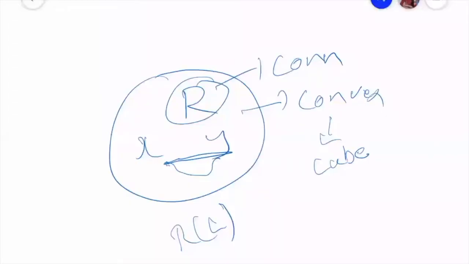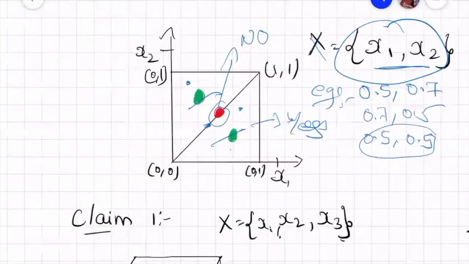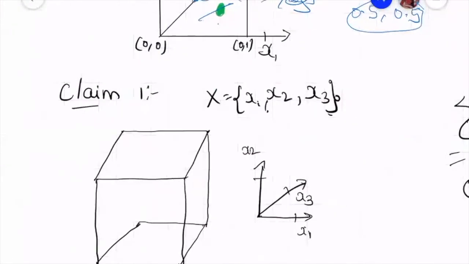Now let us see the pictorial representation of R of L being connected. For our example, we have taken a point X which consists of three coordinates. Consider this is X1, this is X2, and this is X3.